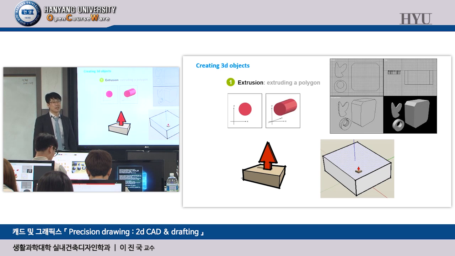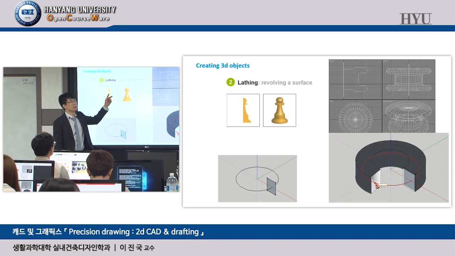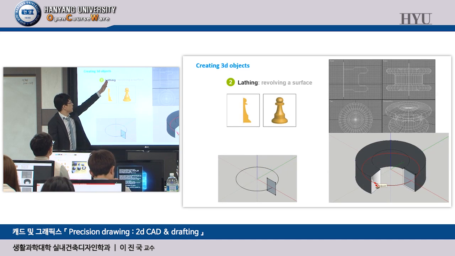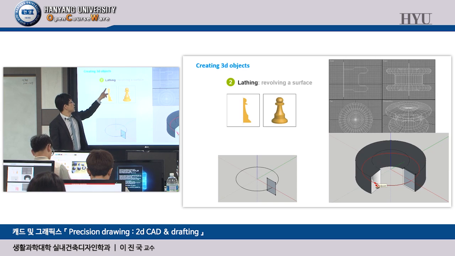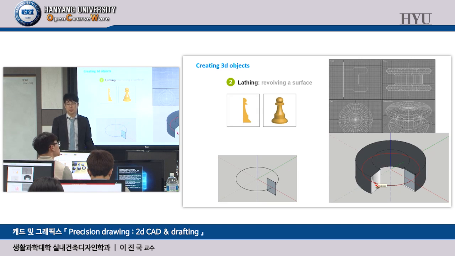This is the easiest and the fundamental way of creating 3D. How about the next one? Lathing. Lathing means revolving, okay? There is an axis and the section profile. This one can be revolved in order to create a totally different shape. This is another way of creating 3D.